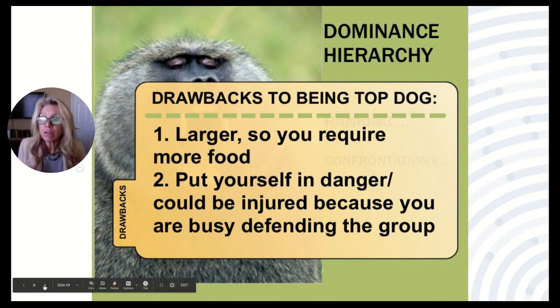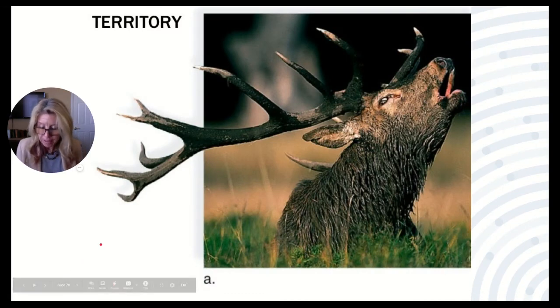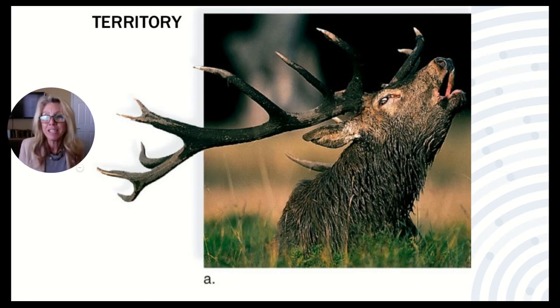And these lead also not just to food, but territories. So a territory is an area defended against competitors. Territoriality is a defensive behavior needed to defend a territory. You could use displays and sounds and calls or urine. And we're going to touch back into this when we talk about behavior in Unit 8.